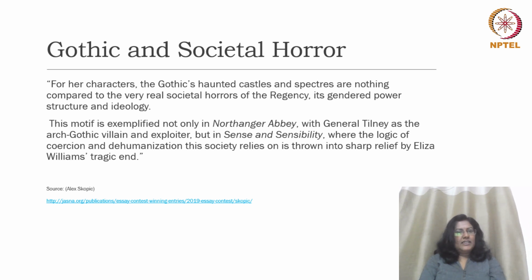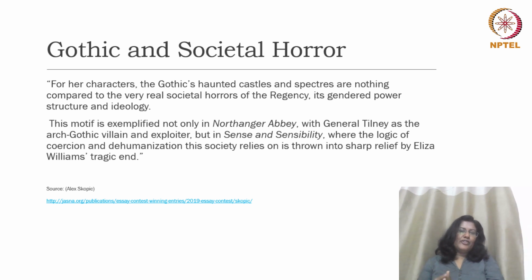For her characters, the Gothic's haunted castles and specters are nothing compared to the very real societal horrors of the Regency, its gendered power structure and ideology. So on the one hand, we have the haunted castles and the specters, the supernatural elements which are used in Gothic fiction. But on the other hand, in the Regency, the period in which Austen lived, there was a different kind of horror.